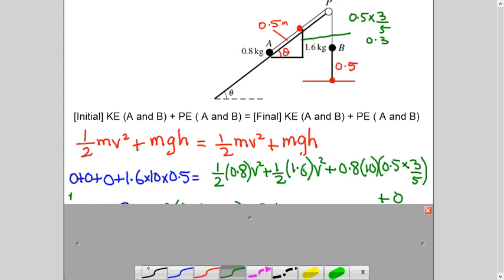I am writing 0 because this is the kinetic energy of particle A. It is stopped initially, so v is 0, so the answer will be 0. This is about particle B, kinetic energy. It is also stopped initially, v is 0, so the answer will be 0 when you plug in this formula.